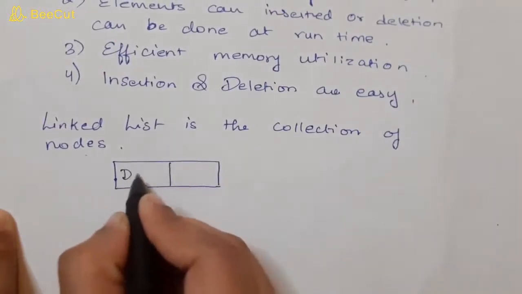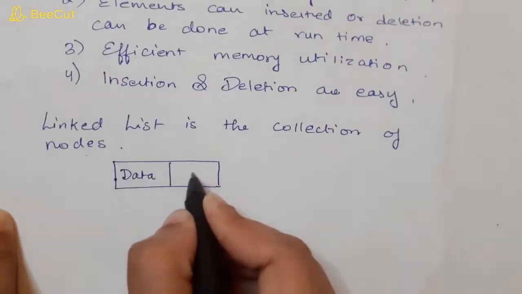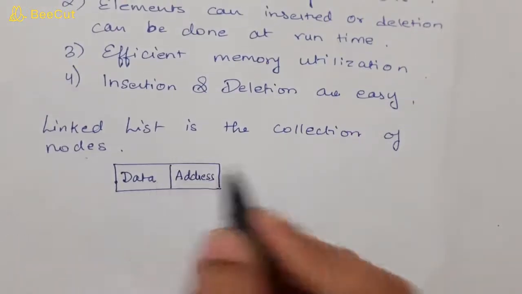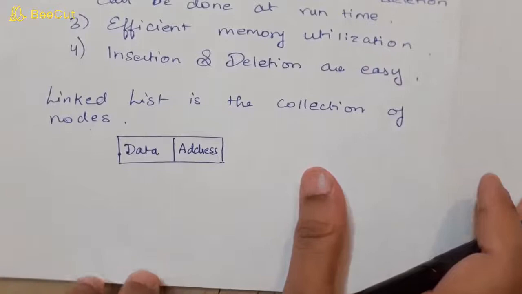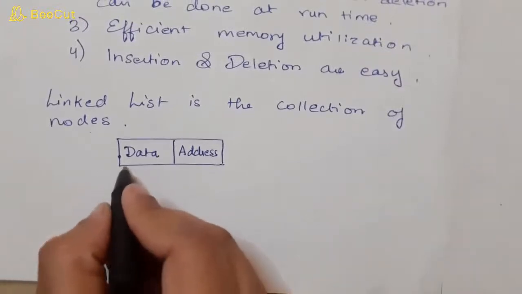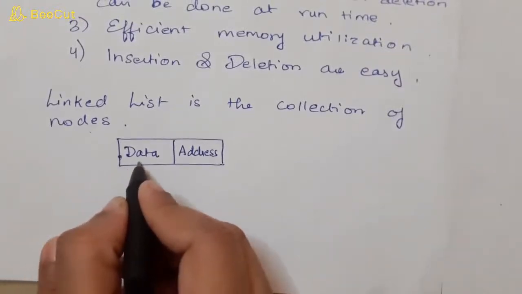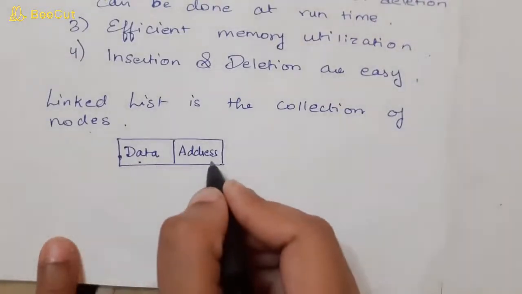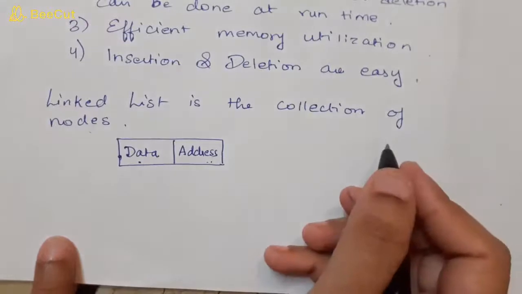The first field is the data field. The second field is the address field. The data field is going to store whatever data you want to insert, and the address field is going to store the address of the next node.